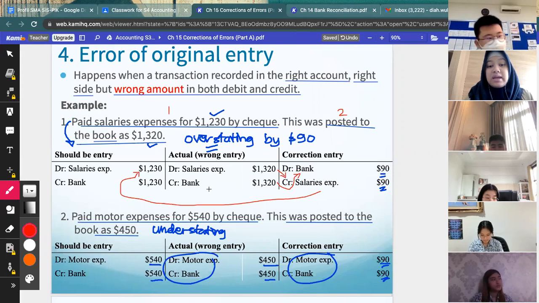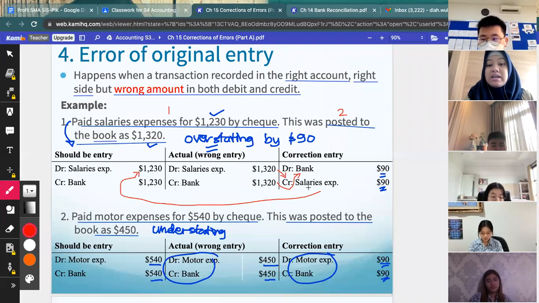So bank in the credit and bank in the debit, different side, so it means 1320 minus 90 is equal to 1,230.